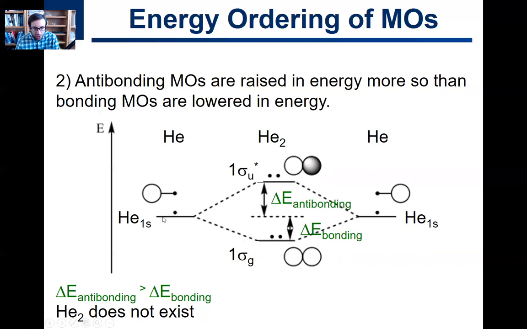Because the energy of this system right here, when it's 2 atomic orbitals, is right here, but the energetics of this system is something higher, on average, because this one is higher up. So this thought experiment shows that an anti-bonding orbital must be raised more, the delta, compared to the delta bonding.